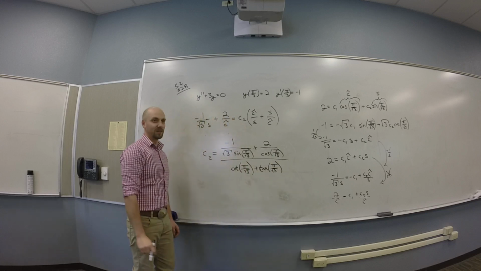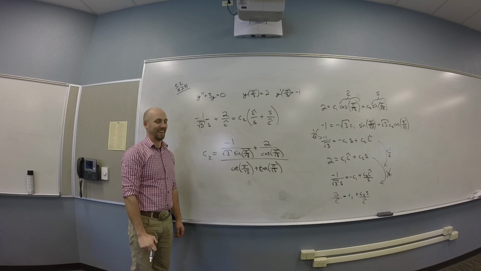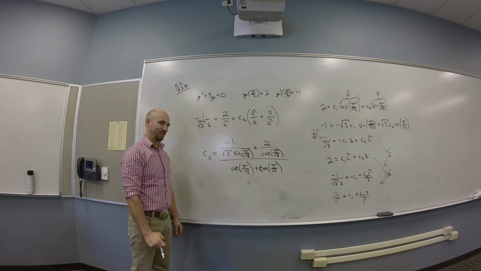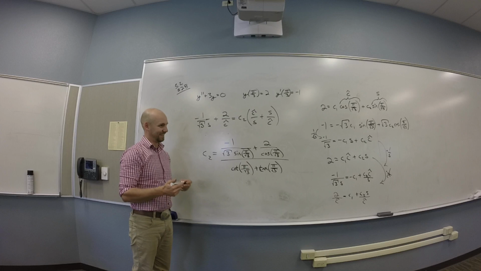Okay, so that's what C2 is. Do you want us to get a numeric value for that, or leave it as that? Hell no, leave it like this. It's horrible. It'll be even worse if you punch it in your calculator and get it wrong. That'd be a mess to even get that.